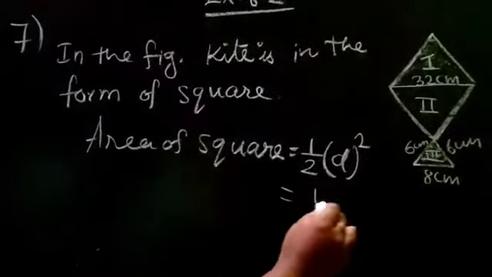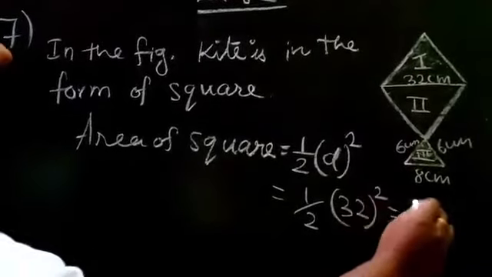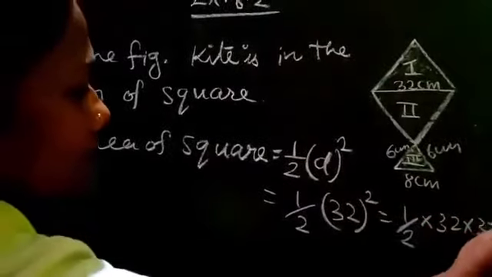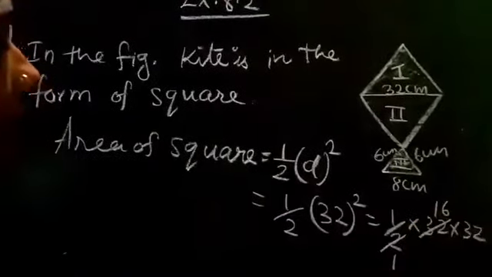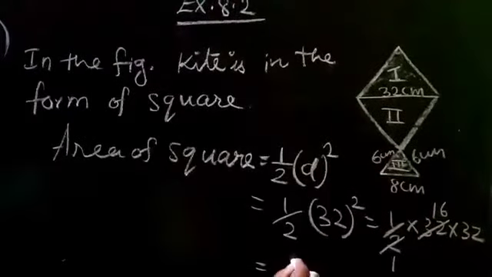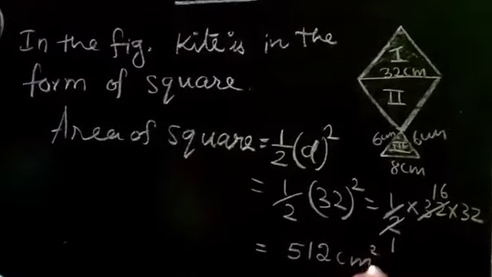So we have here half into 32 squared, so half into 32 into 32. 1 2s are 2, here 16 2s are 32. So we have 16 into 32. If you multiply, we will get 512 centimeters square.